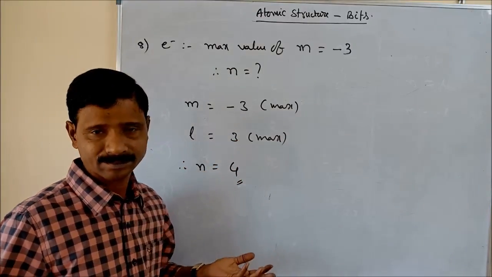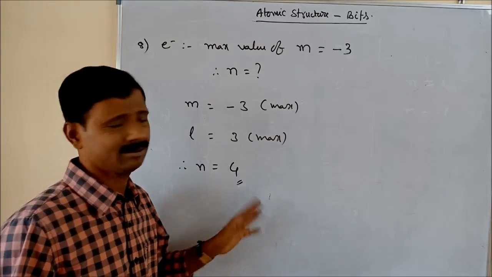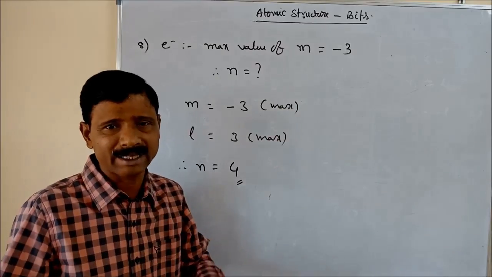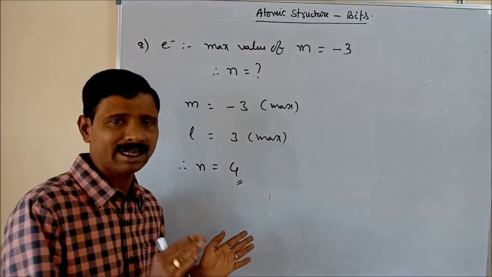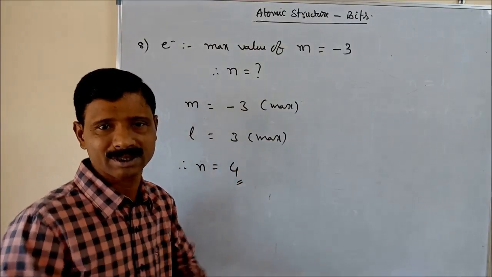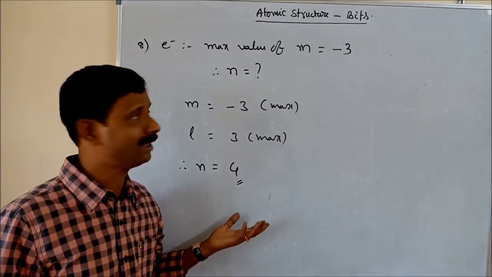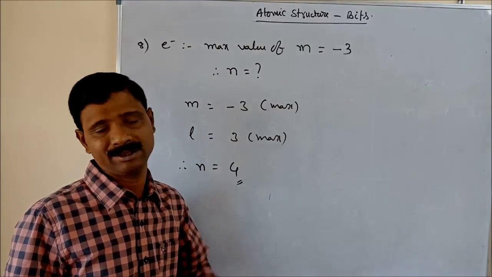Just as per the concepts we covered in a limited way, because as a trial class I am not able to give all the models, just for your understanding and to get an idea how to approach the bit, I tried with some examples. Try to utilize this. Thank you.